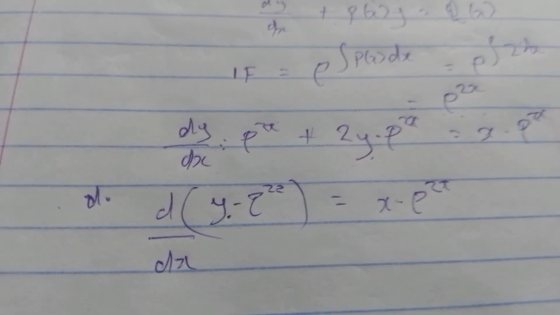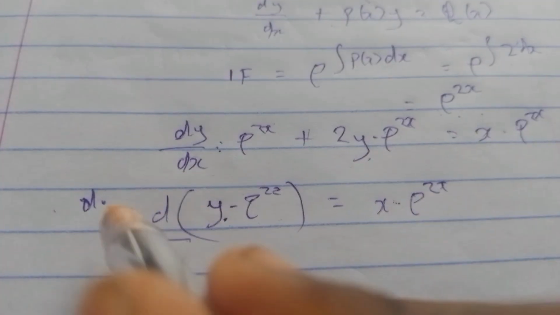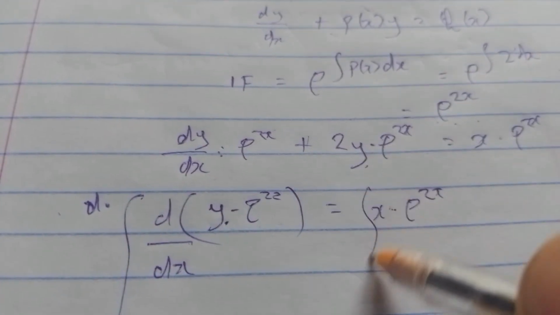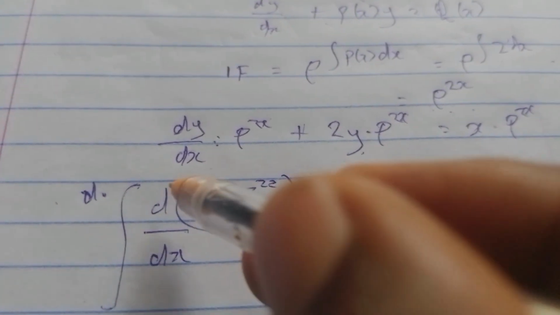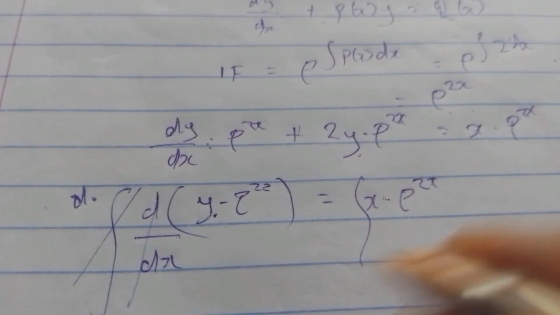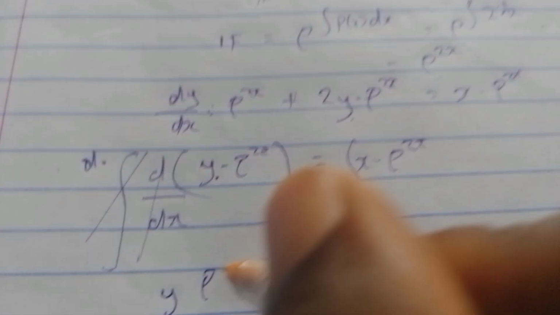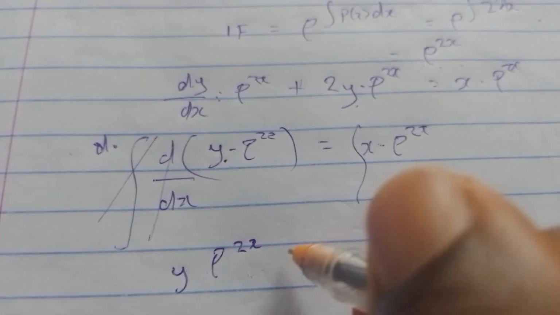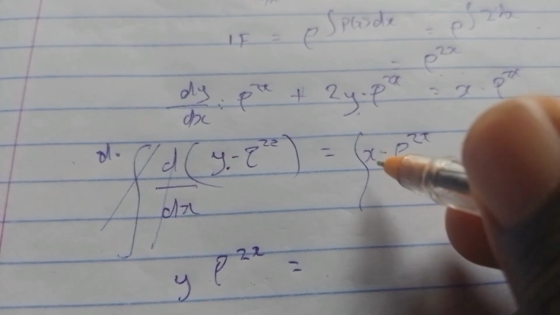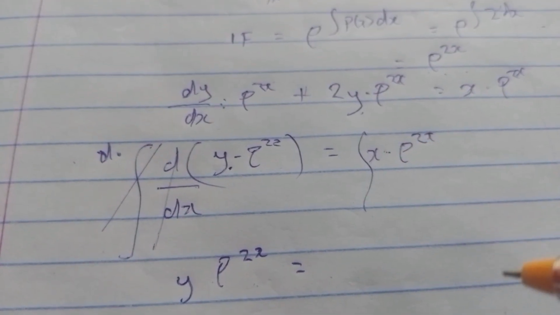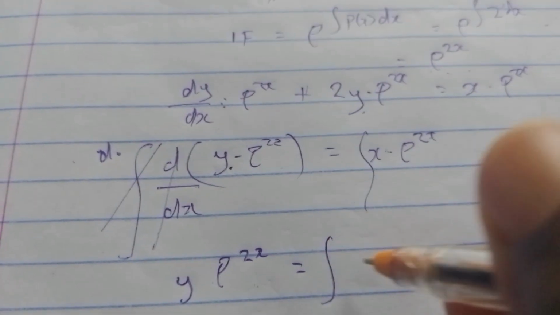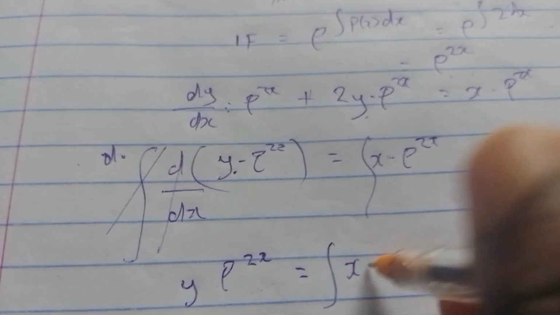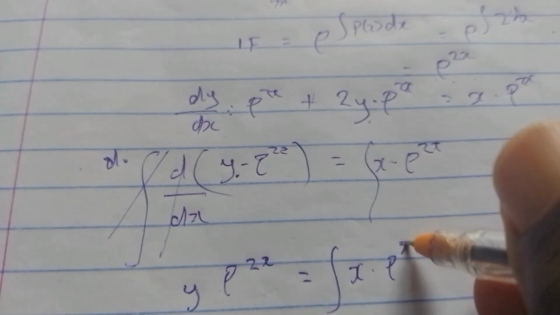So what should we do next? The next thing to do now is to integrate both sides. Now when we integrate both sides, this will cancel out. So we have y exponential 2x is equal to integral of x multiplied by exponential 2x. Here we are going to use what we call integration by parts.